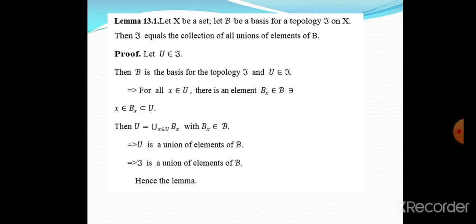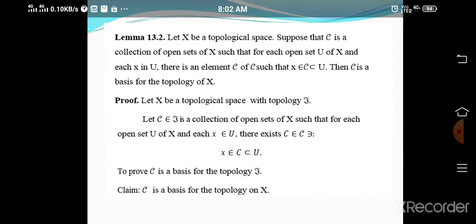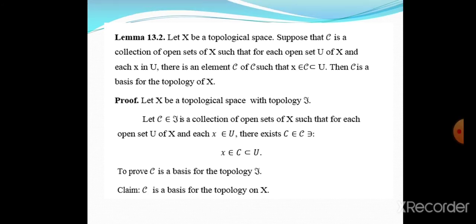That implies U is a union of elements of script B. That implies tau is the union of elements of script B, because U belongs to tau was given. Okay, so U is a union of elements of script B, meaning tau is also the union of elements of script B. Next, Lemma 13.2.